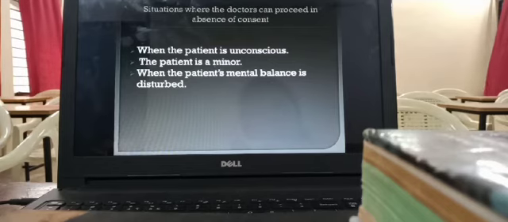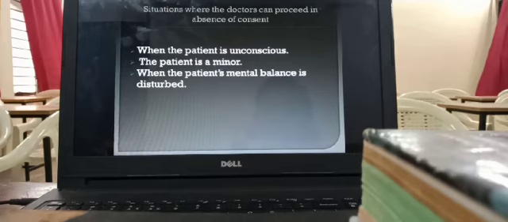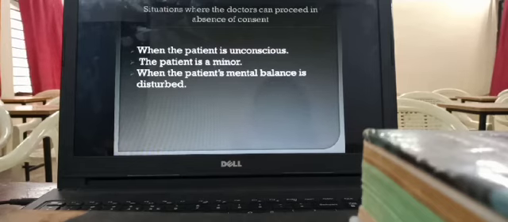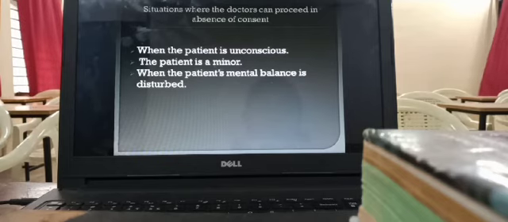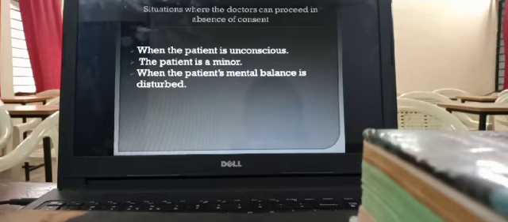The patient is a minor. The actual age for obtaining consent is 18 years and above, so below the age of 18 they are considered minor. If the patient is a minor and there are no relatives or parents accompanying the patient, in that case we can start off the treatment.